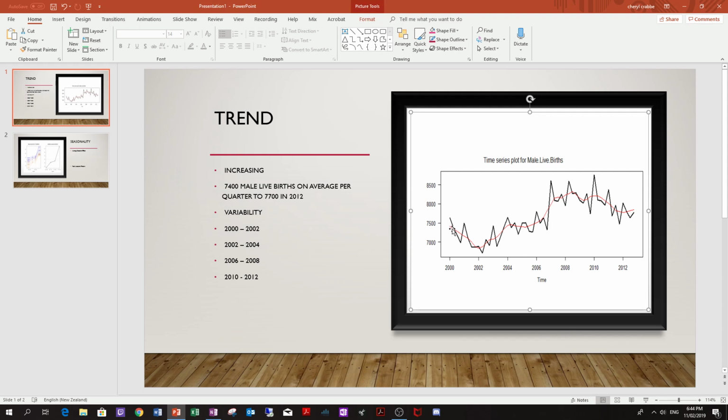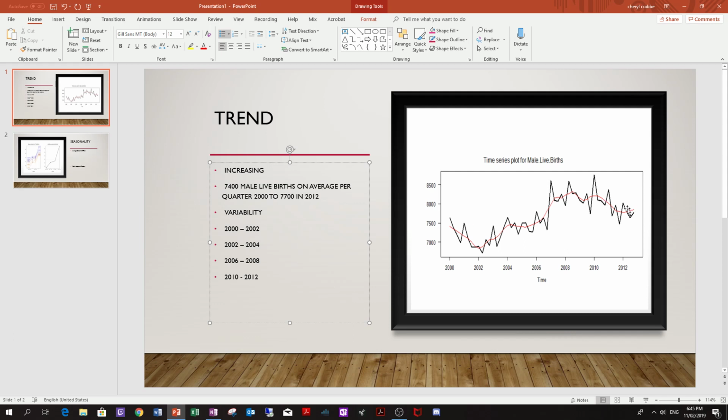So I would look here, and I would go to the graph and my trend line, and I would say, well, that looks to be about 7,400. So there's about, at the beginning, 7,400 male live births on average per quarter in 2000. And I didn't put that there, so I might put that in there. To about what?